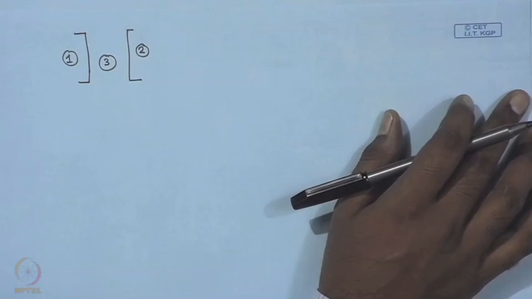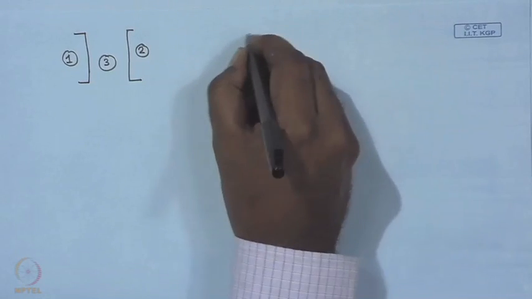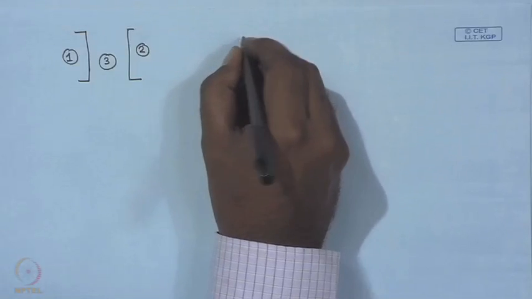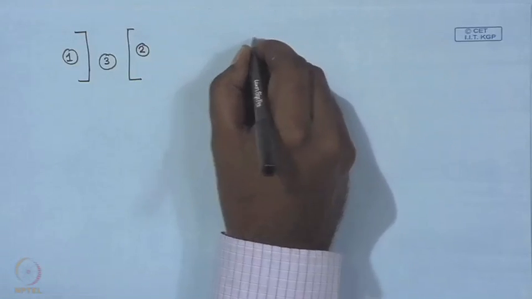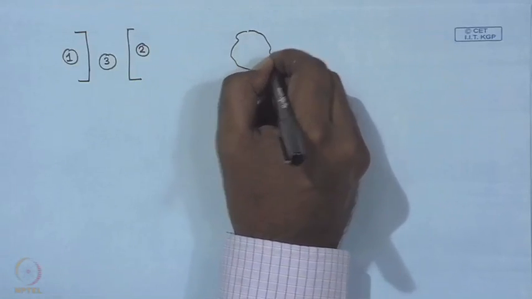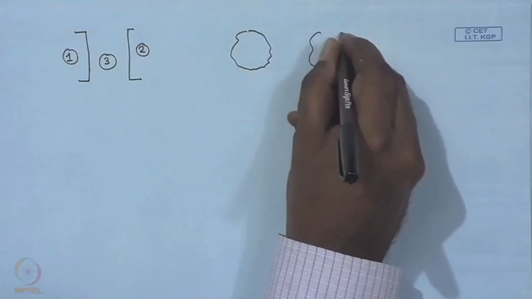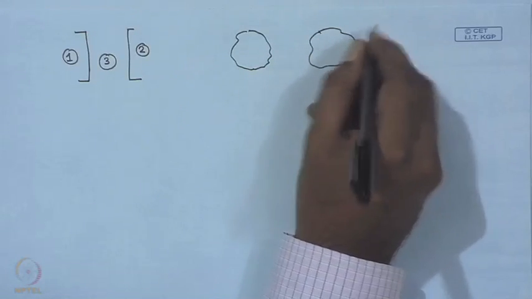But let us now try to understand what happens when two surfaces of arbitrary geometry try to come in contact with each other.